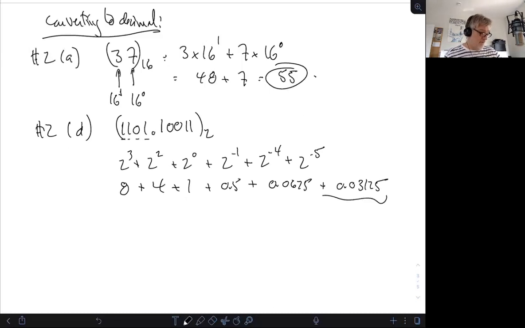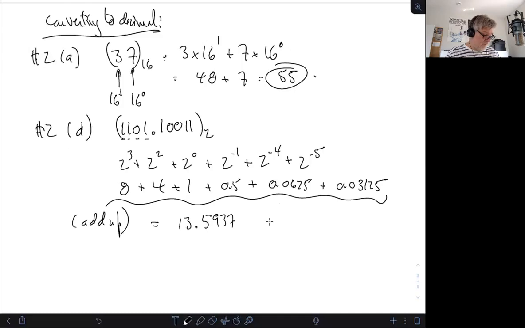So I would just add those up and get what I want. In this case, let me just cheat so I don't have to add it up. This is 13.59375 decimal. Okay, so that's the straightforward way, just reading off what the bits mean, right?